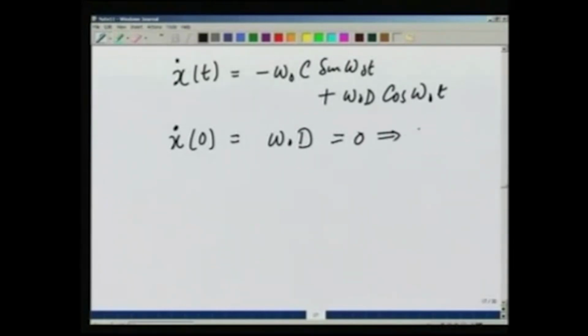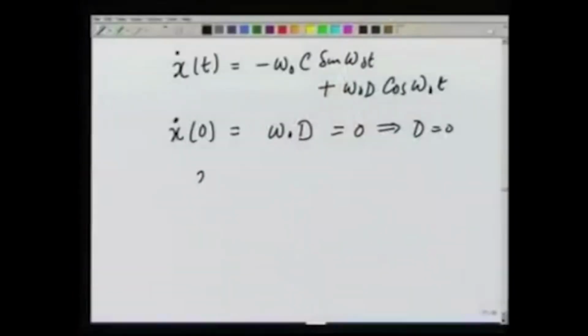This implies d is 0. So in this situation, when we took the particle to a maximum distance and left it, the solution looks like x(t) is equal to 0.05 cosine of omega 0 t.